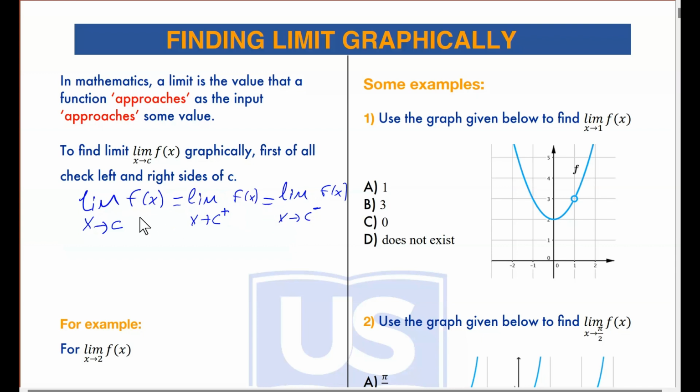So we have a limit, a value that the function is approaching, when the limit of x from the right is equal to the limit of x from the left.